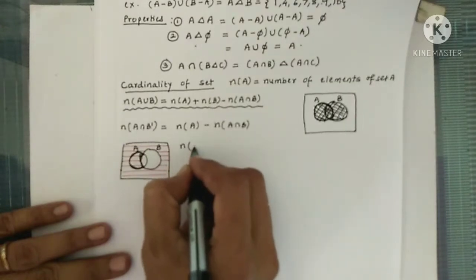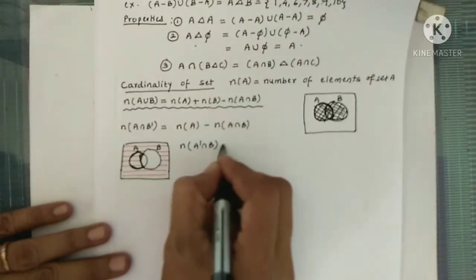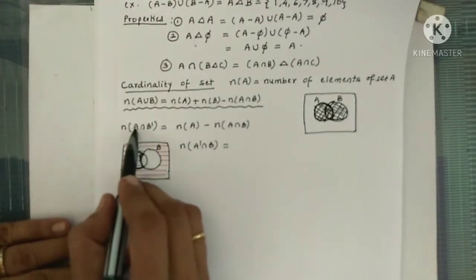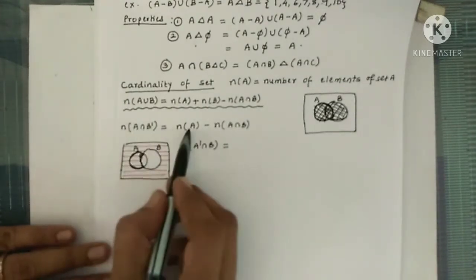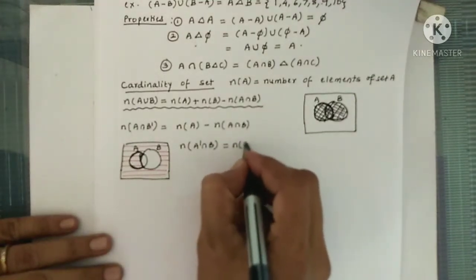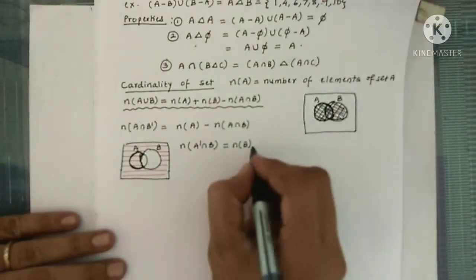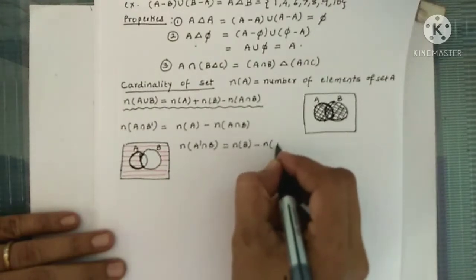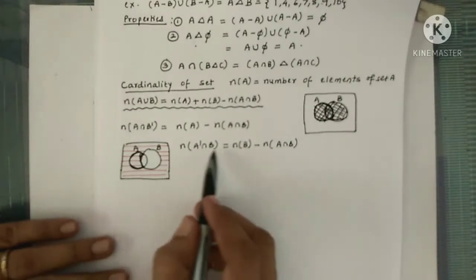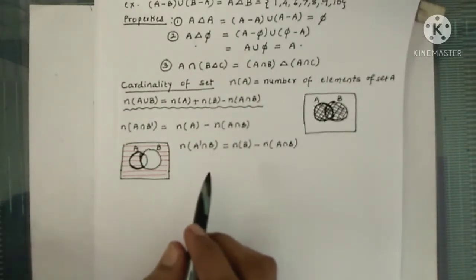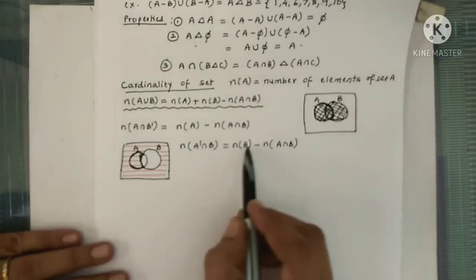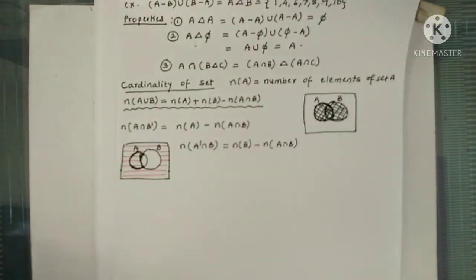Now if it is A dash intersection B, then for A intersection B dash we write the set without the dash sign, and now B we have to write first. So it is n(B) minus n(A intersection B), because A dash intersection B is B minus A, and B minus A is B minus A intersection B. So it is n(B) minus n(A intersection B).